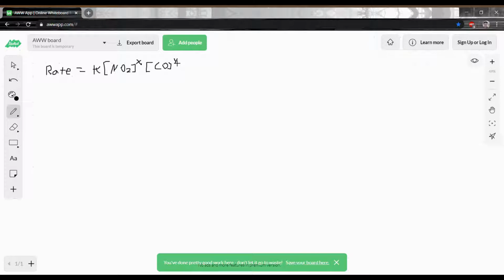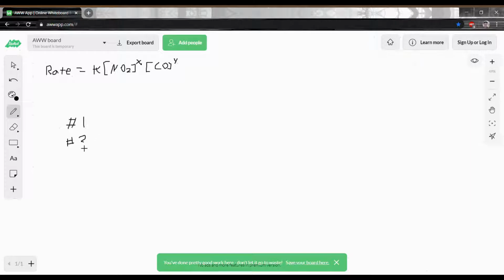And now we can use our previous method to solve for x and y and then k. So let's see, in trials 1 and 2 we have our NO2 value stays the same. So let's use trials 1 and 2 first. So let's have trial number 1 on top and trial number 2 on the bottom.